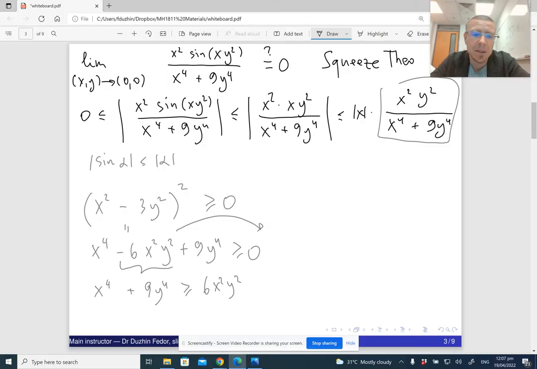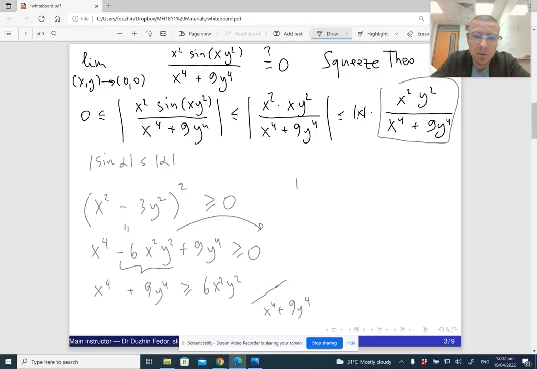Because this is a non-negative number, so we can divide by it. Well, strictly speaking, it should be a positive number. It can't be 0, because it can only be 0 when x is 0 and y is 0, but that's precisely the point of the limit. Okay, so now we are going to divide this inequality by x to the 4 plus 9y to the 4.